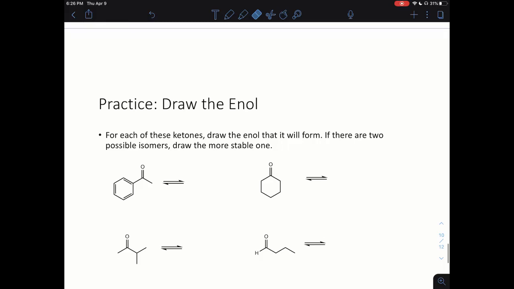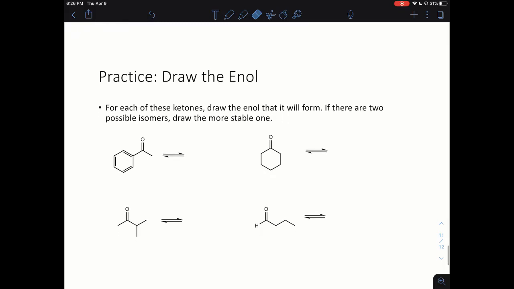Now we're going to take a little bit of a step back and draw the enol for each of these ketones. So go ahead and pause and try it for yourself. And if there are 2 possible isomers, draw the more stable one, please. So what we need to do here to draw the enol is identify the alpha carbon.